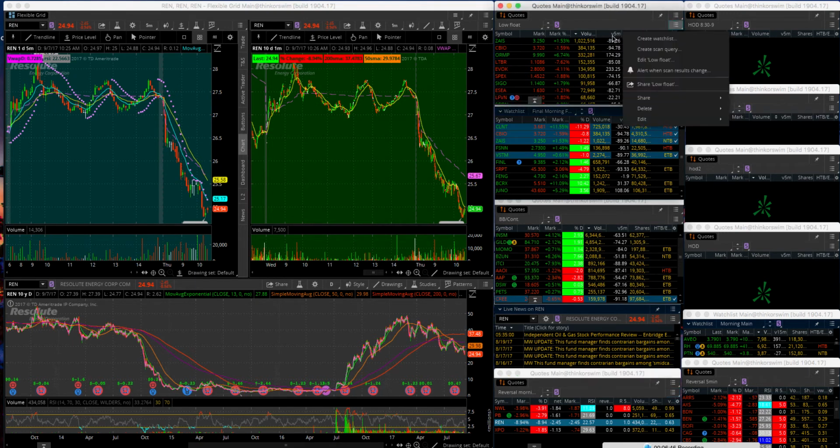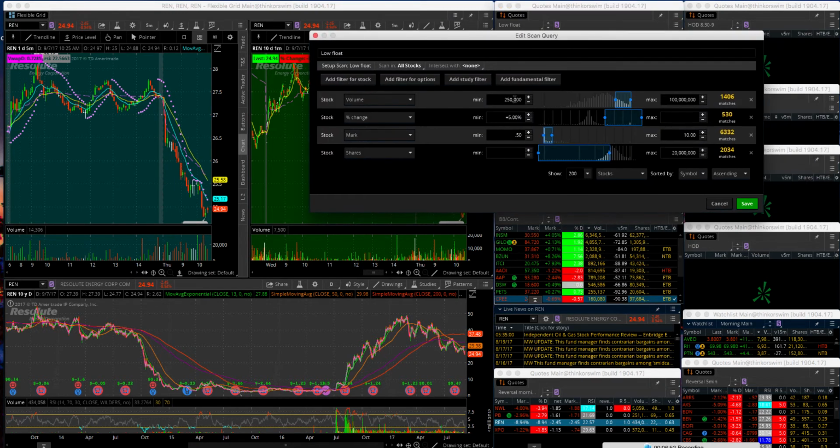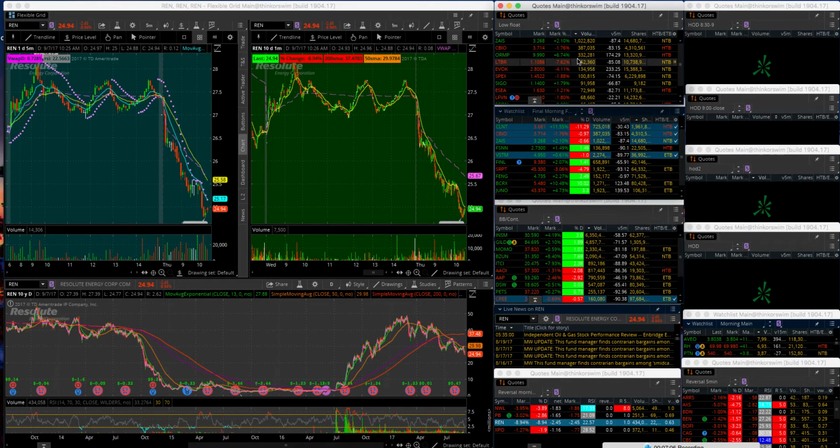For some reason, every time I open the computer up and start the thing, the minimum volume I want to see on there is 250,000. But for some reason it defaults, and I can't change this. If I were to go in and change it, it would automatically update it back to what it should be, and I don't understand why.